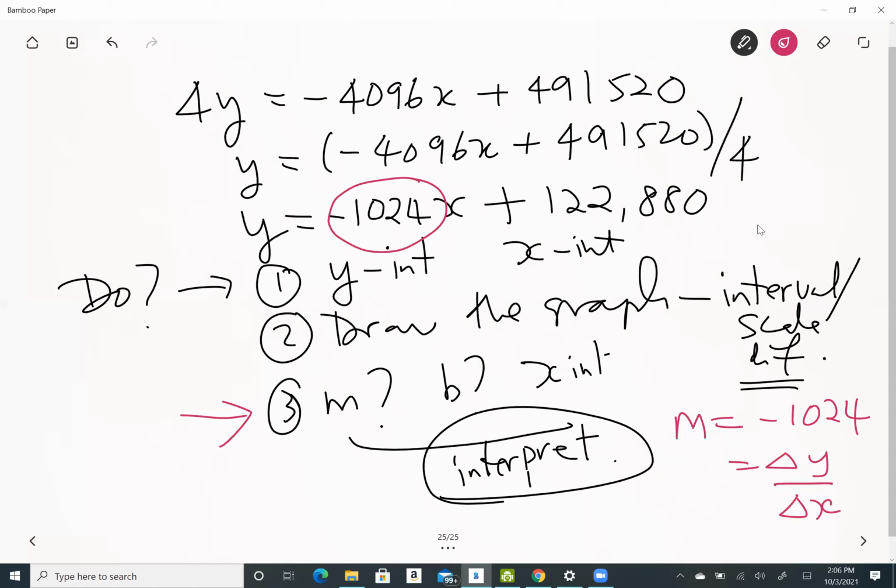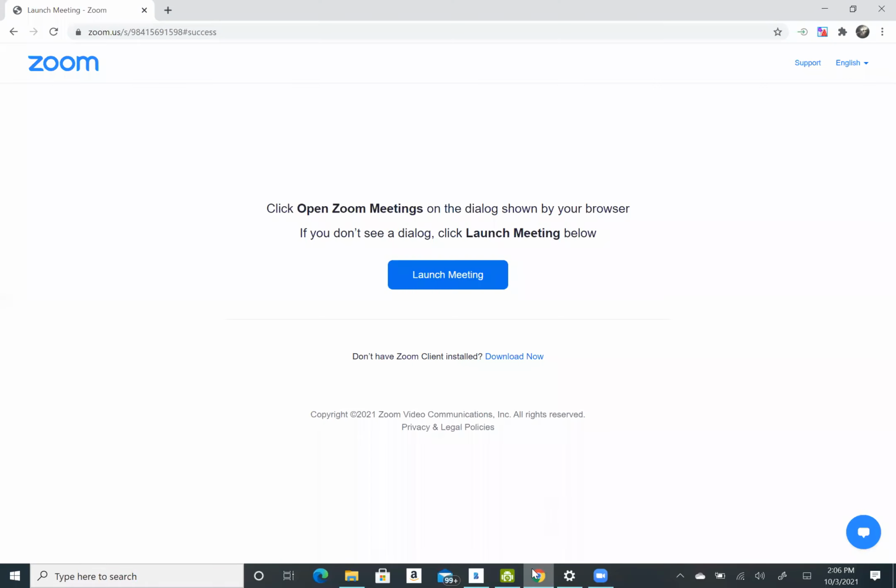So if x increases by 1 unit, then y would go down by that unit.